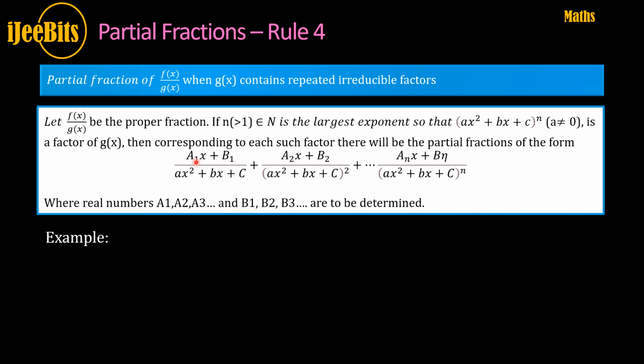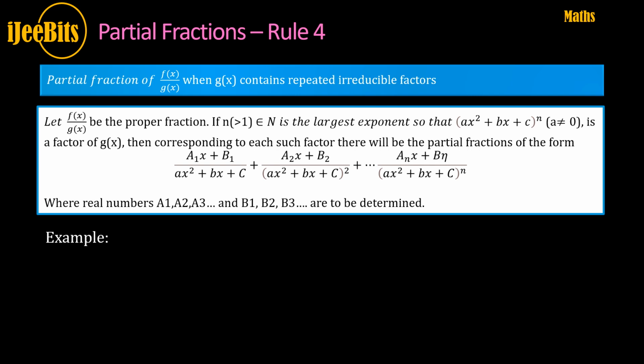And a1, b1, a2, b2, up to an, bn, all these terms are constants, non-zero values or zero, depending upon your findings, but to be determined, and then plug back into this expression to get the partial fraction for the given proper fraction. That's the idea. So let's give a small example which helps you identify how to apply rule number 4.